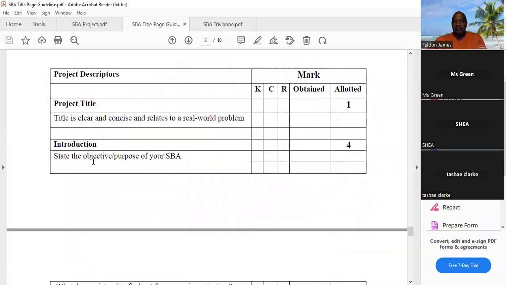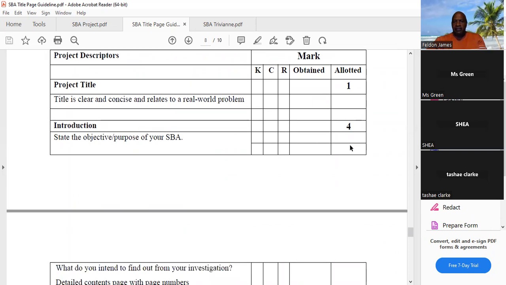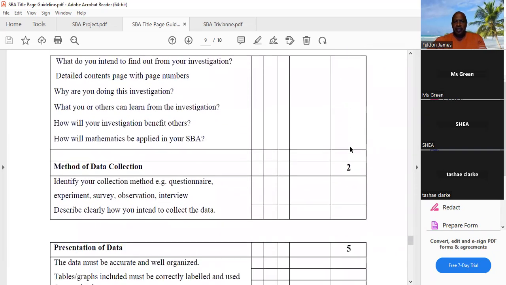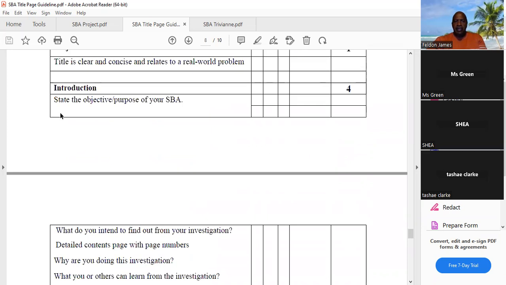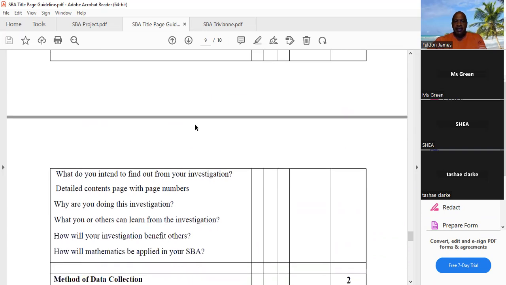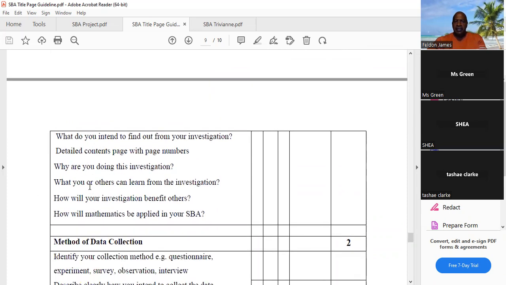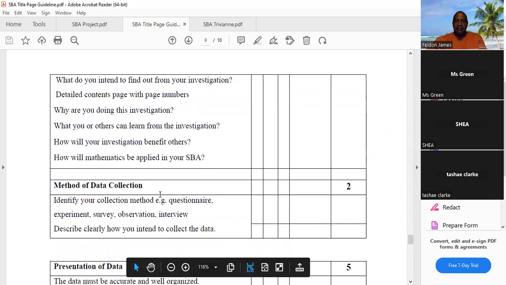For your introduction, you get 4 marks, but your introduction should include all of these. State the objective or purpose of the SBA. What do you intend to find out from your investigation? Detailed contents page with page numbers. Why are you doing this investigation? So all of these you should satisfy.